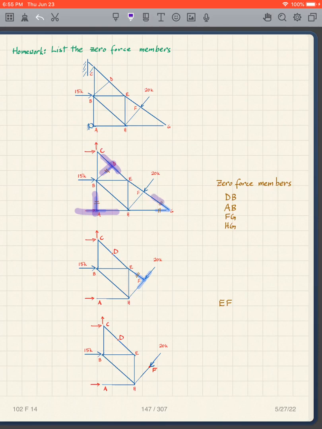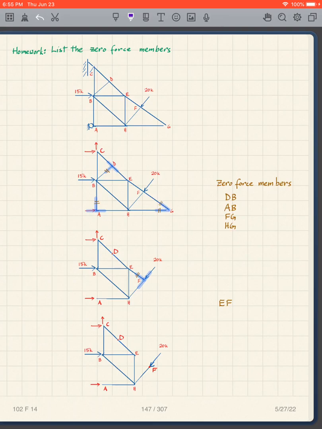And then over here, I have an L. So for the T's, it's the stems that have zero forces. For the L's, it's both. We have zero forces. So I can get rid of the zero force members.